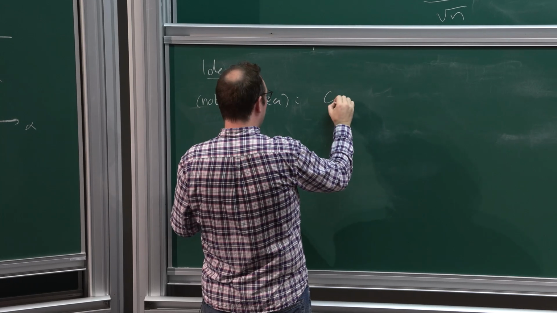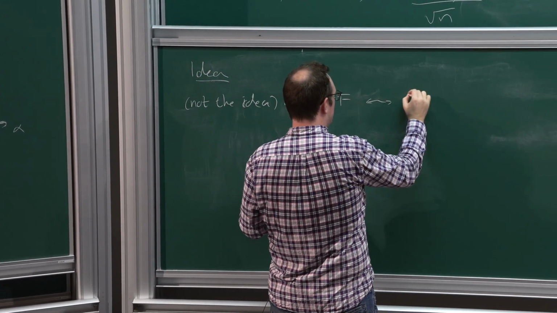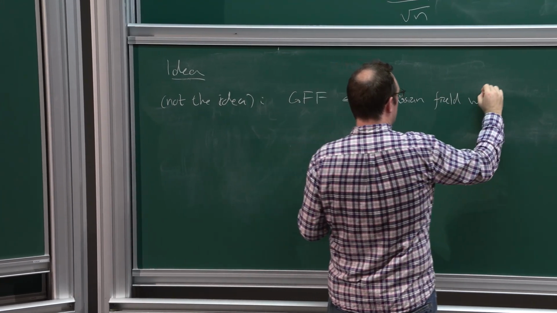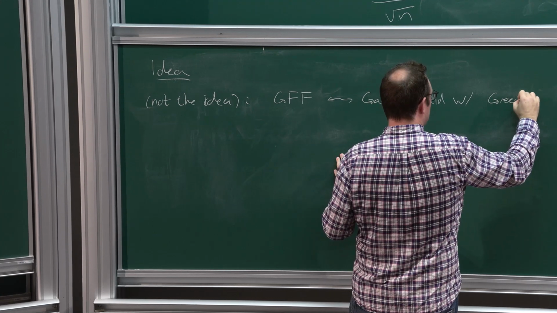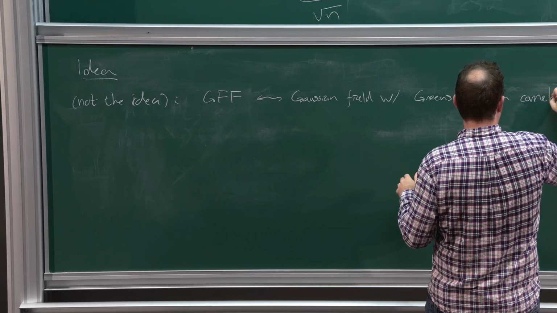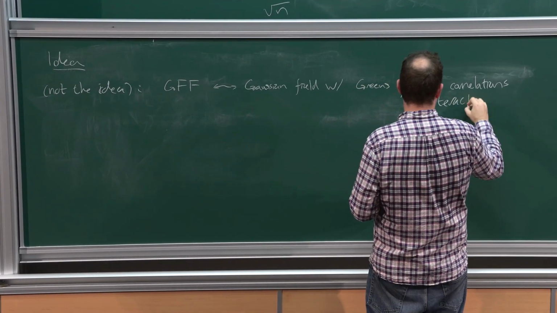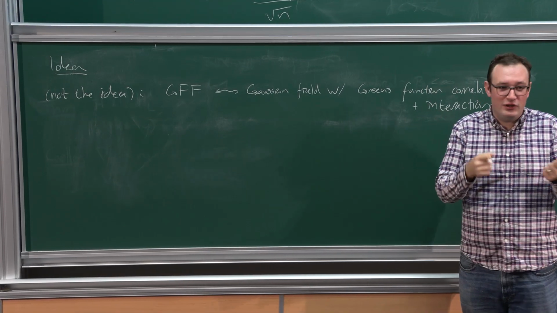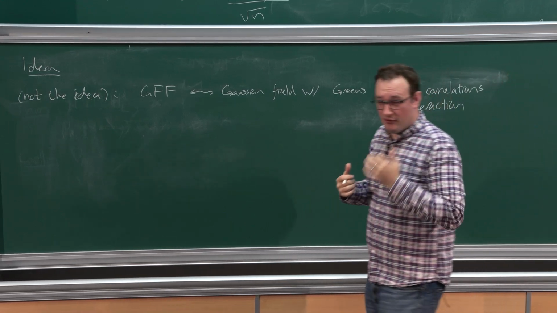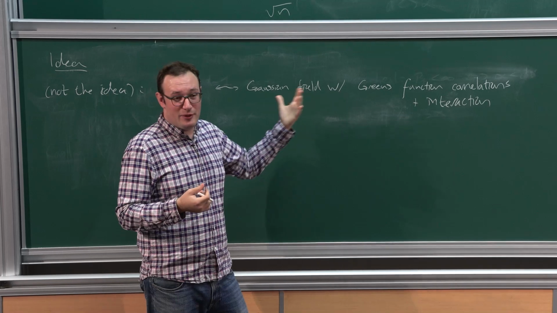So you start with the GFF, which is the Gaussian field, which in the short-range case has Green's function correlations, plus some kind of interaction. In other words, you weight this measure by something, maybe depending on some local observables. And you try to understand what this interaction does at some appropriate critical point.